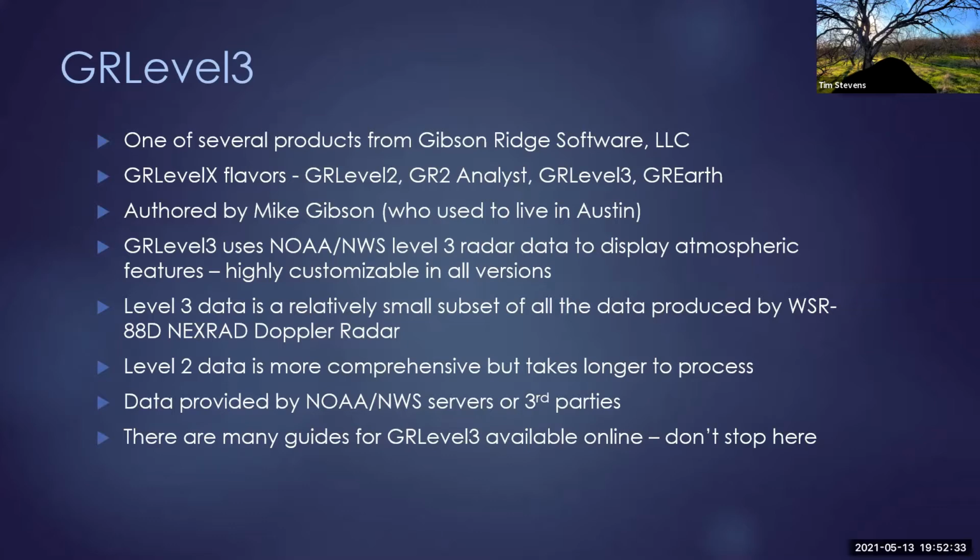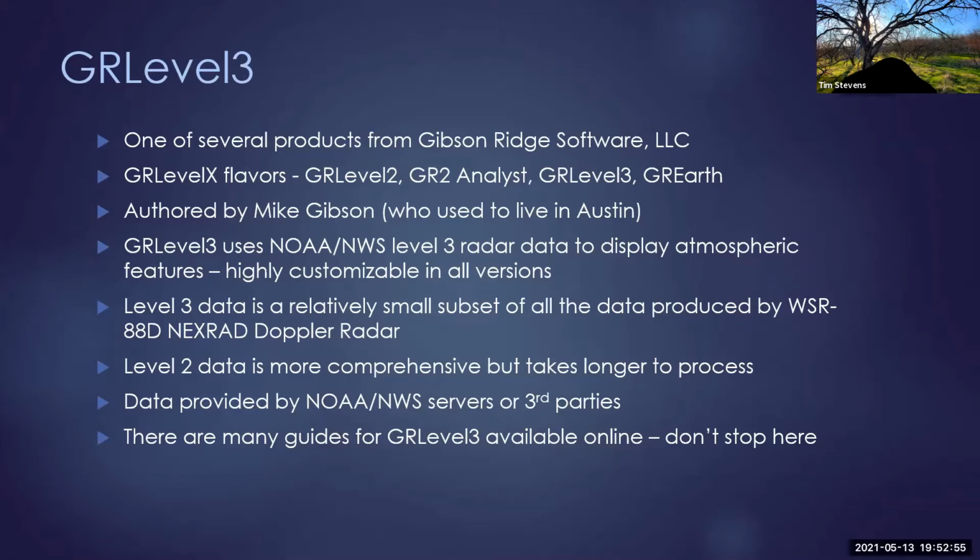GRLevel3 uses data streams primarily in the way of level 3 radar data coming from NOAA and the National Weather Service. What makes this application a little bit better than some of the other slicker looking applications is that it can be customized to the nth degree to show you exactly what you want to see and how you want to see it.